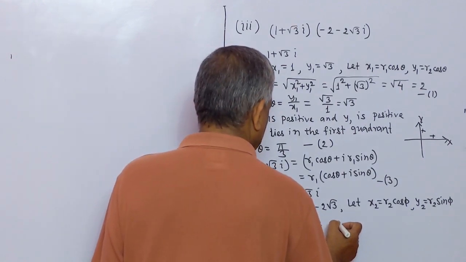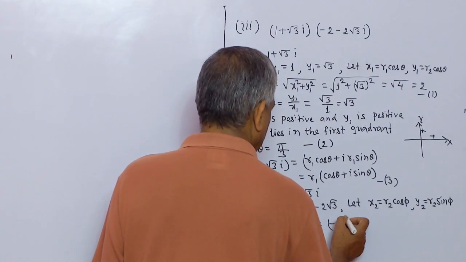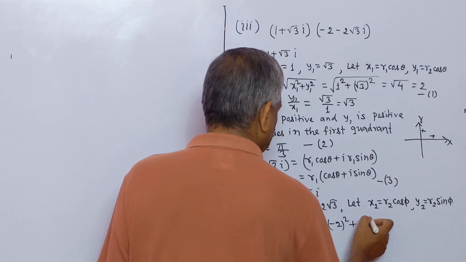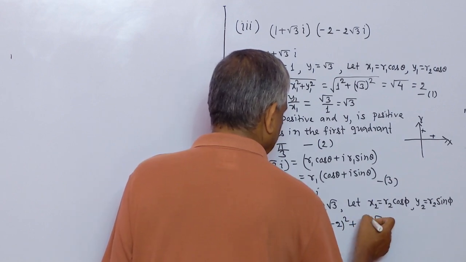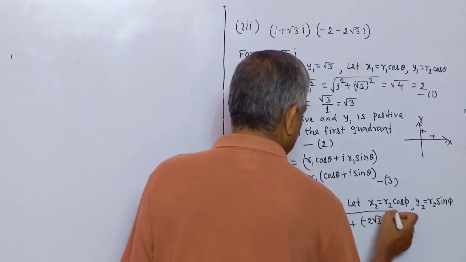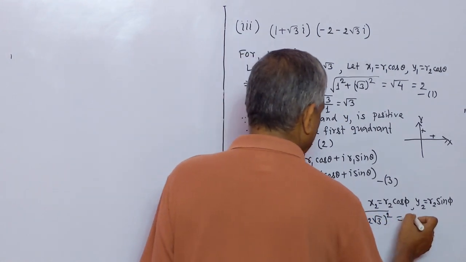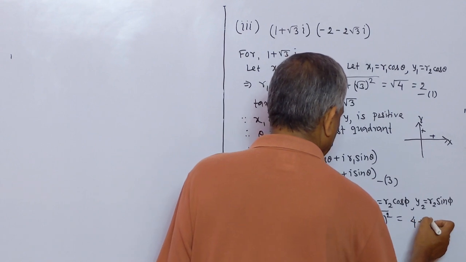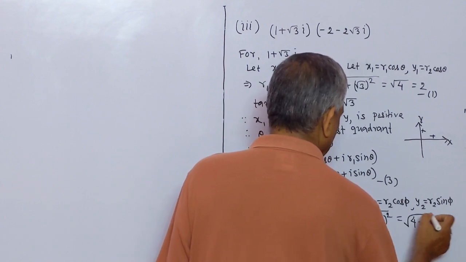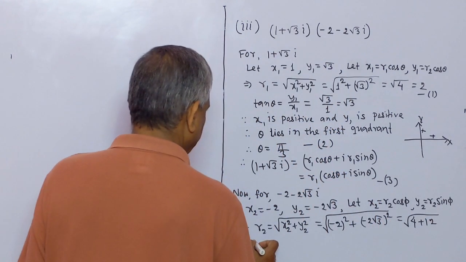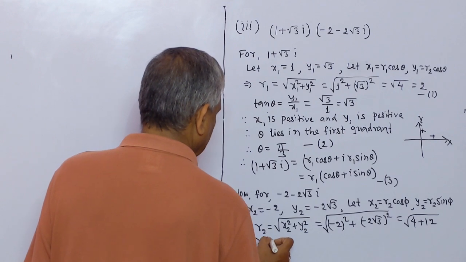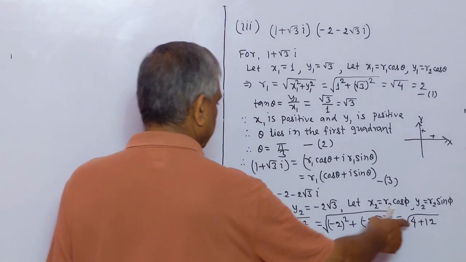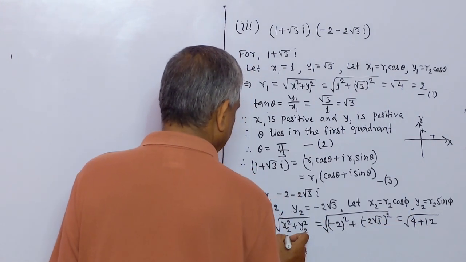Here (minus 2) square plus (minus 2 square root 3) square, this is 4 plus 12. Implies that r2 equal to square root 16, that means 4.